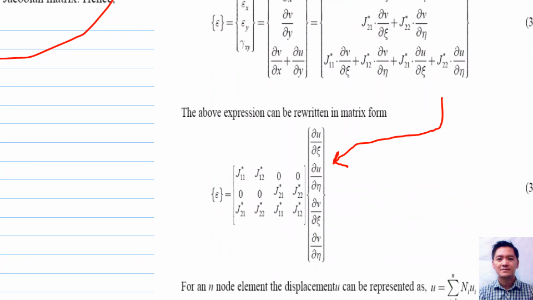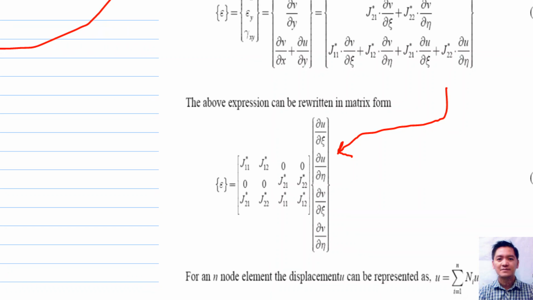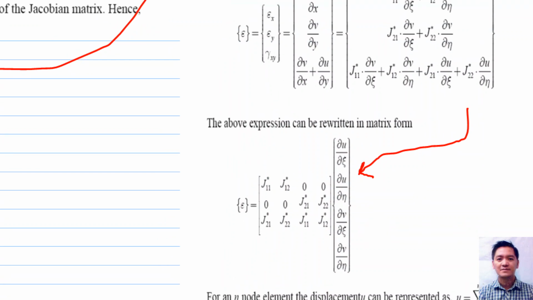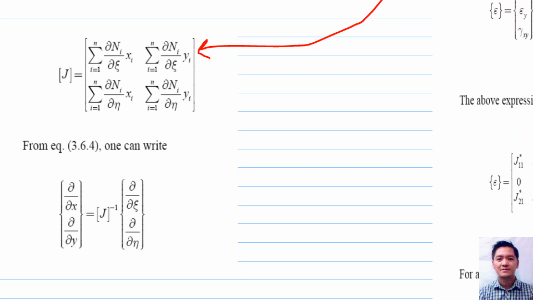So ito na siya. Okay, so naging du dc, du d eta, dv dc, dv d eta. Okay, and then the inverse Jacobian is ito na siya, J11, J12, J21, J22. Okay.